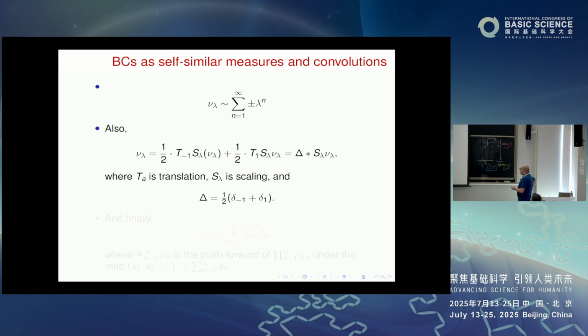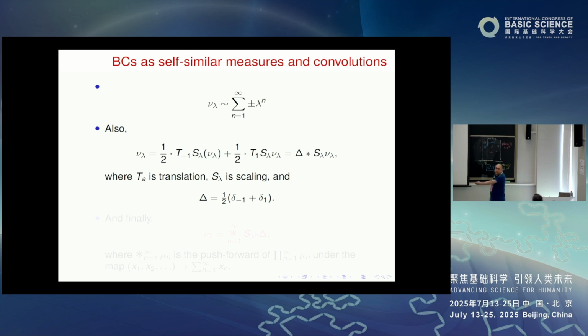So the right-hand side is actually a convolution of the scaled-down copy of μ_λ by λ, and a measure that is supported on -1 and 1 with weights 1/2 and 1/2. Because what does it mean to convolve with an atom at a point A?